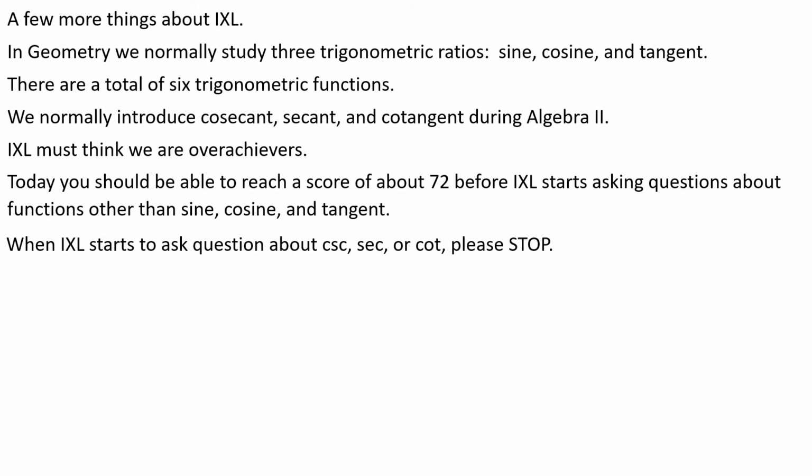When they start to do that, please just stop. I've done this, and I get a score of around 72. You might hit it a little earlier or a little later, but somewhere around there, they start asking about the other trig ratios, and we are not going to do them in geometry. Those are for a different time.